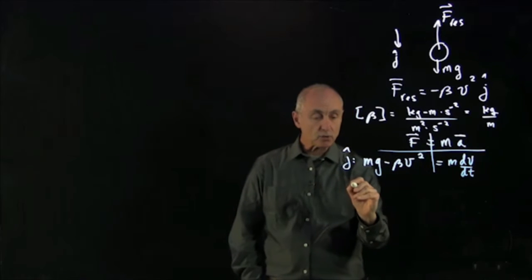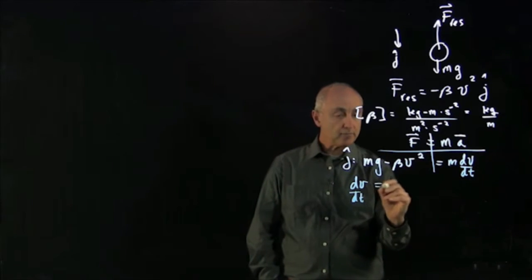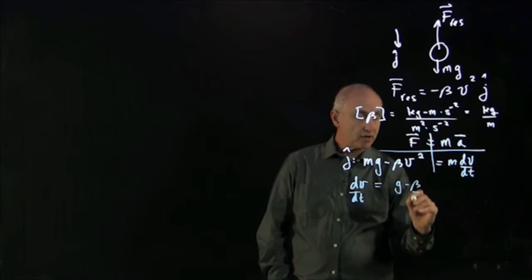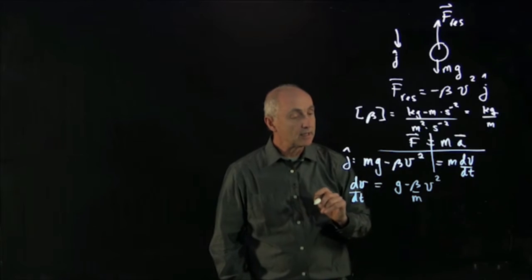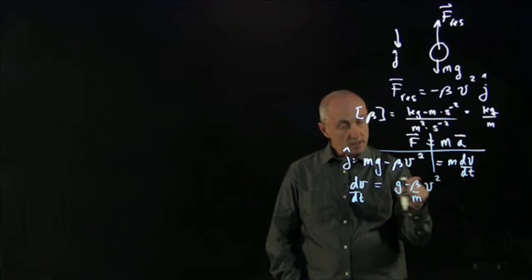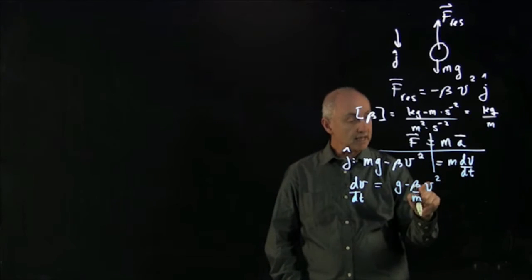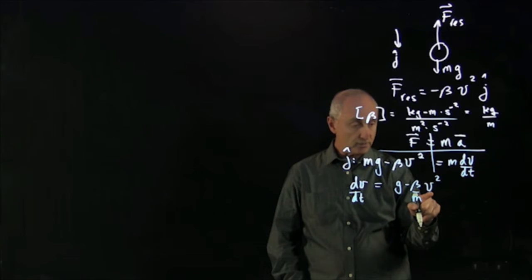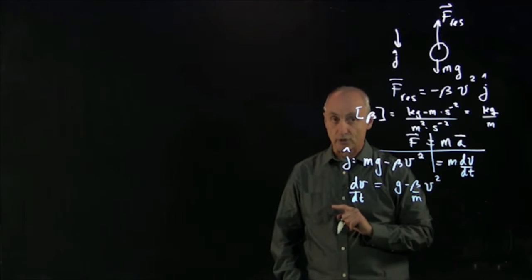Now we can rewrite this equation. Let's divide through by m: dv dt is g minus beta over m v squared. And this is a first-order differential equation, dv dt. It's a nonlinear equation because the velocity term appears here as a square, and there's a constant term.